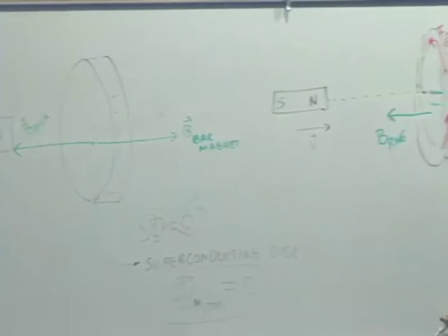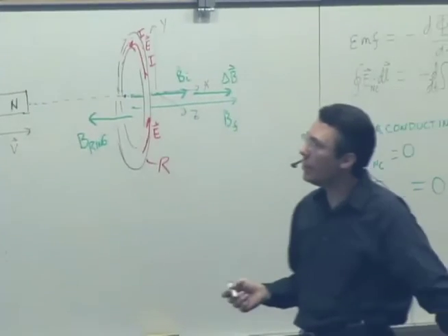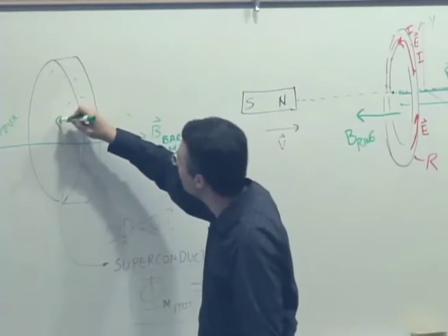That's true everywhere. We sum it up over the entire disk. The net magnetic field inside has to be equal to 0.